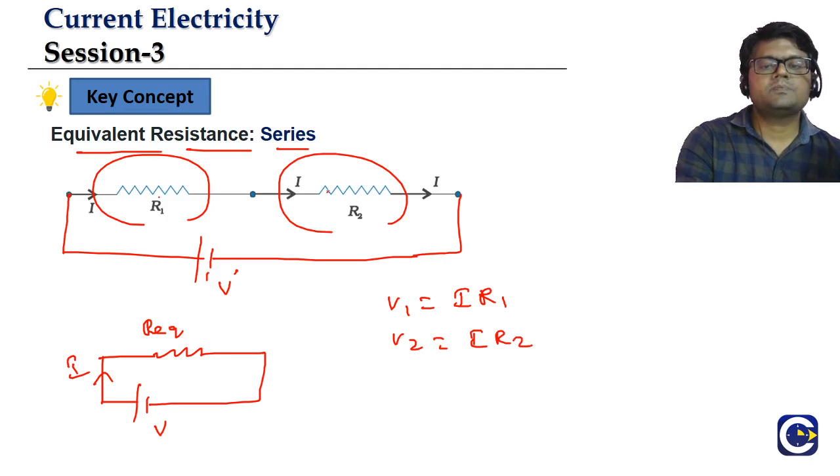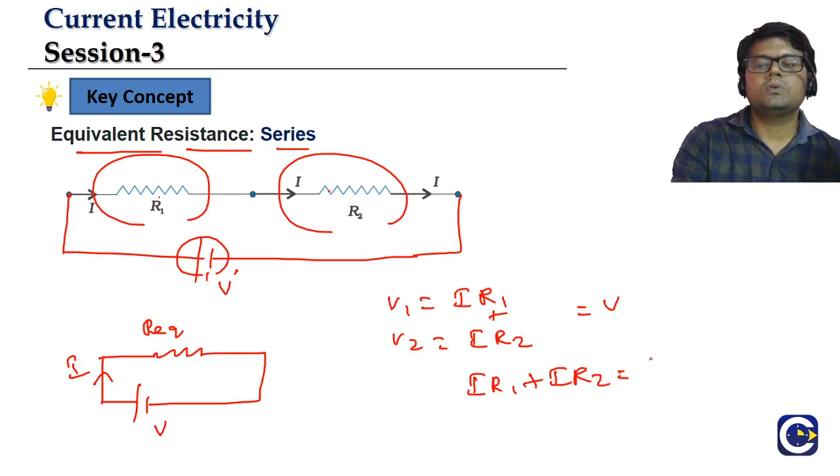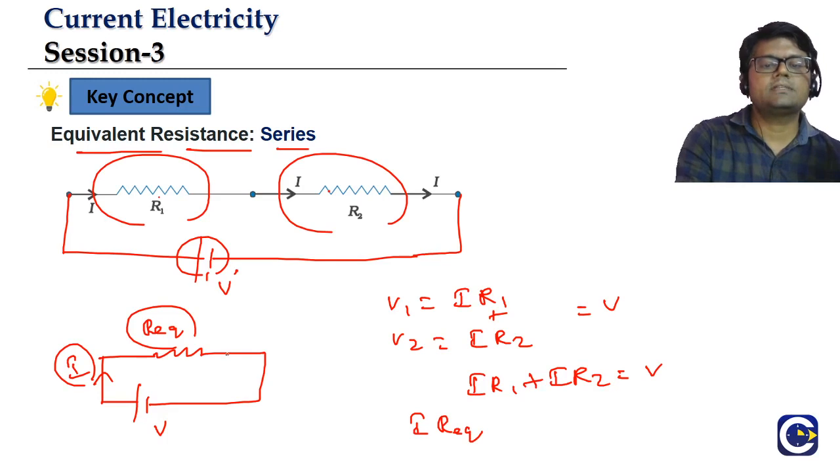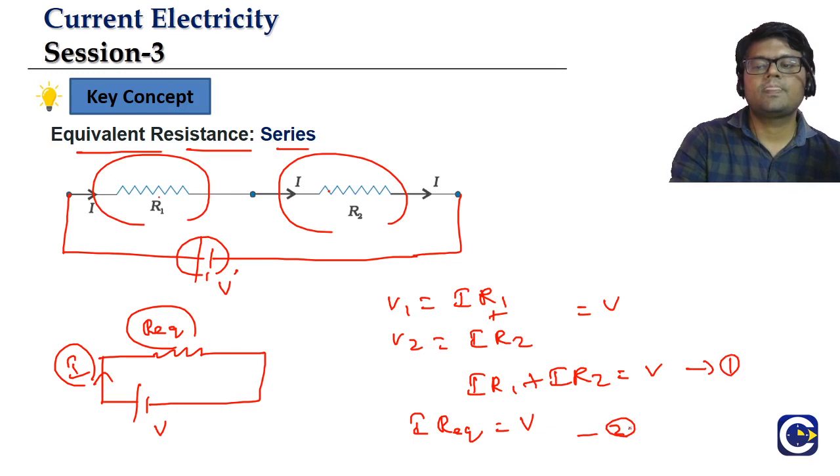If you add both of them, it will be equal to the potential difference between the cell terminals, which is V. So I into R1 plus I into R2 is equal to V. In case of the equivalent resistance, this one resistance is only there. The current is I, resistance value R equivalent. So I into R equivalent, that is the potential drop across the resistor, is equal to V. Let's call these equation 1 and equation 2.